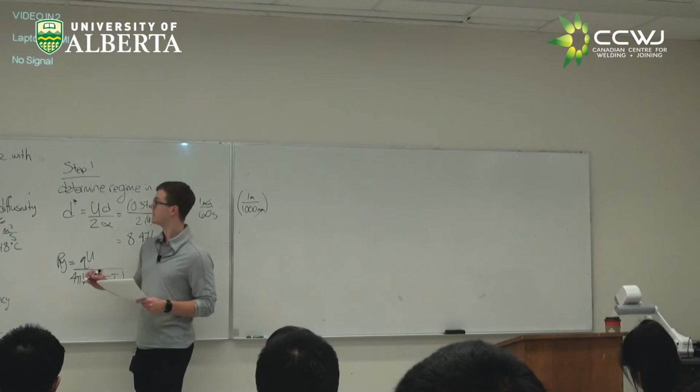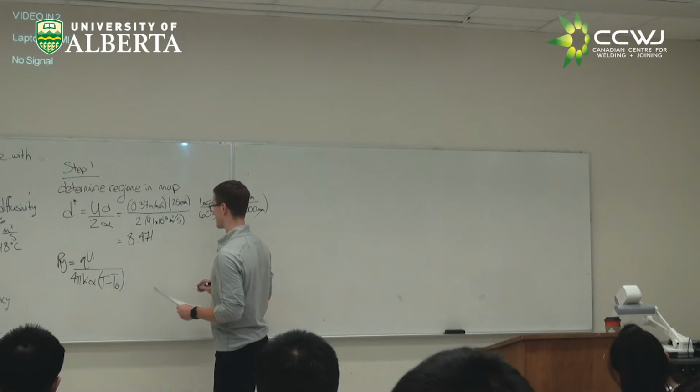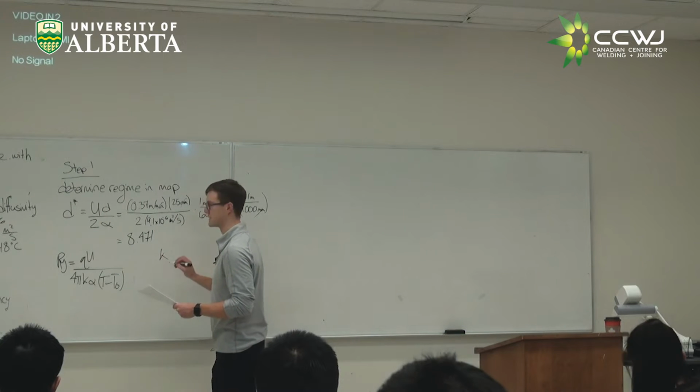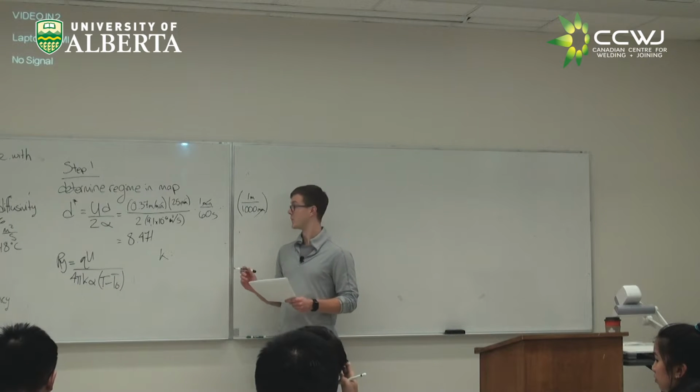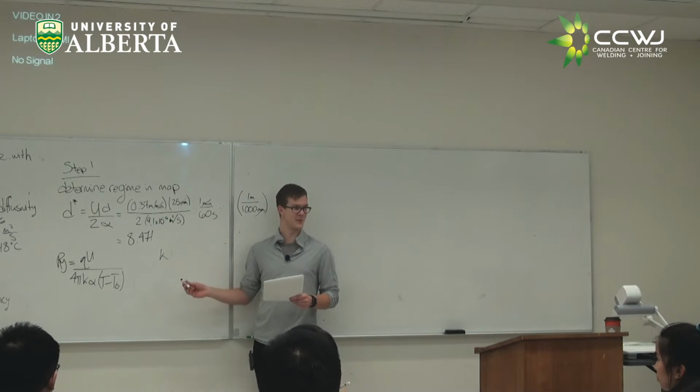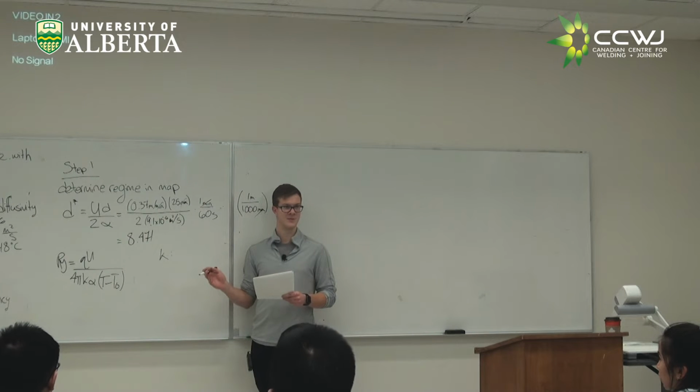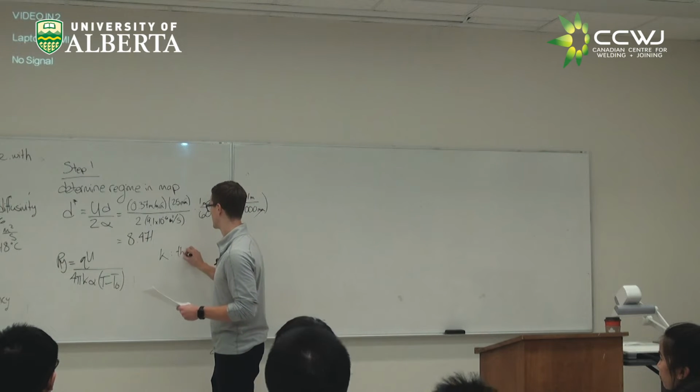What about K? I'll run out of space over here, so I'll come over here. Anyone tell me what K is? To start with, what is the parameter K? Right.